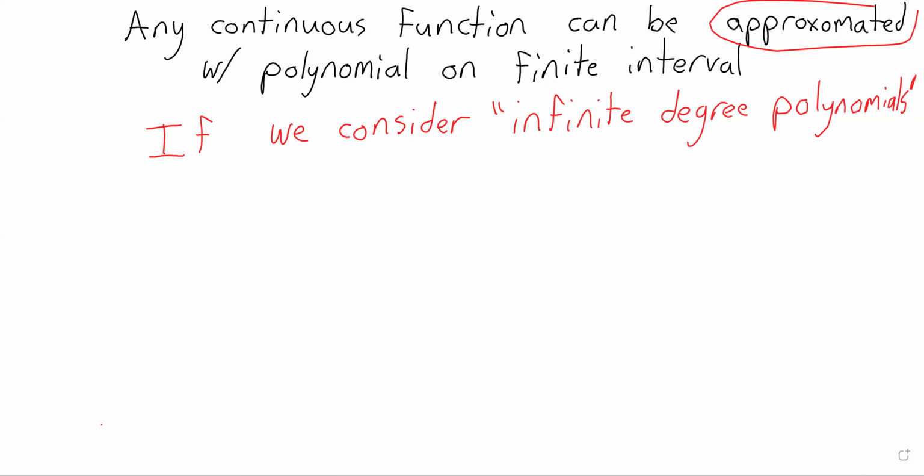see this word approximated, and something we've done an awful lot in calculus is take something that's only an approximation and try to make it exact. So if we look at these infinite degree polynomials, if I could go back to Desmos and just keep that pattern going forever, will this approximation stop being an approximation and start being exact?